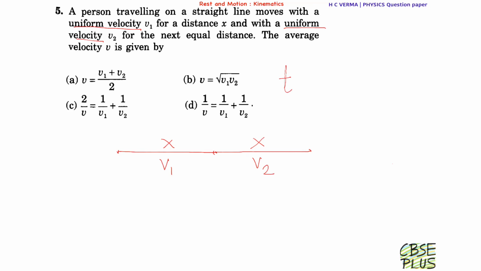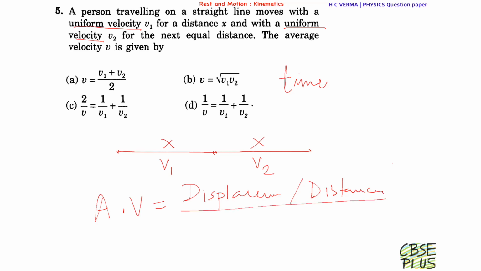Here we have to find the time and the total displacement or the total distance traveled. Whenever we have to find the average velocity, we have to find two things first: the total displacement or distance traveled, and we divide this quantity by the total time elapsed.